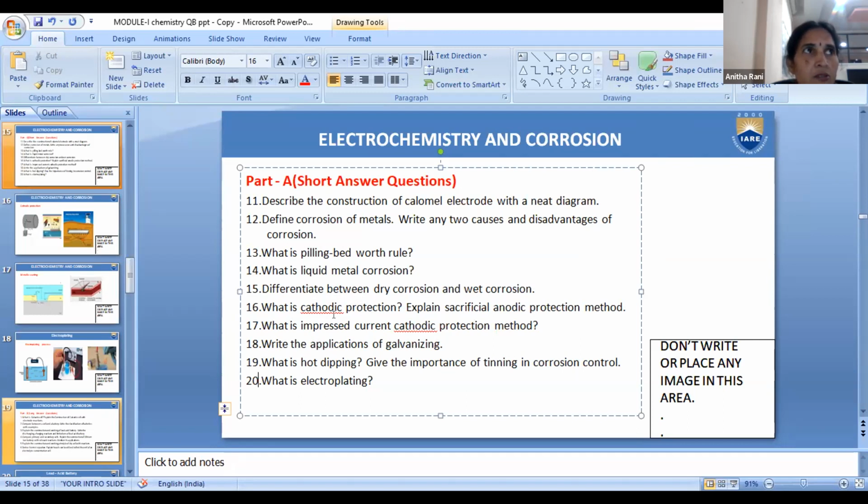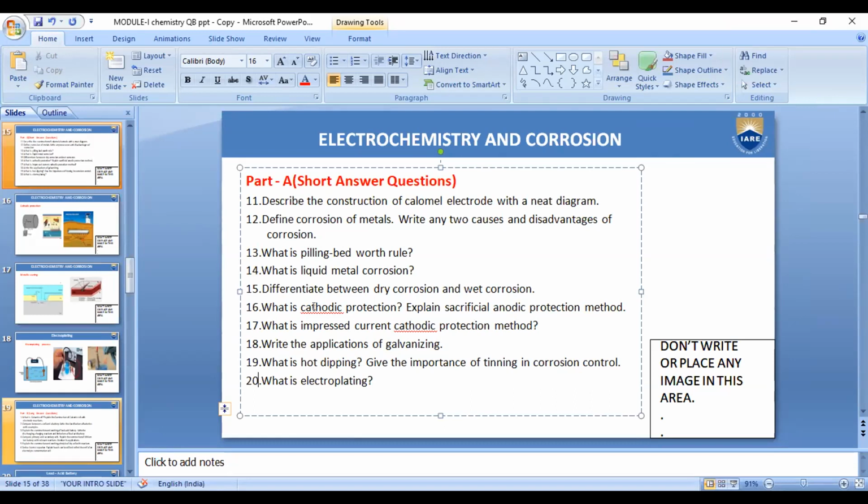I'm making the base metal behave like a cathode. The protective metal, what are we doing here? We are covering the base metal with zinc or tin, making it behave like a cathode. How will the base metal become a cathode?